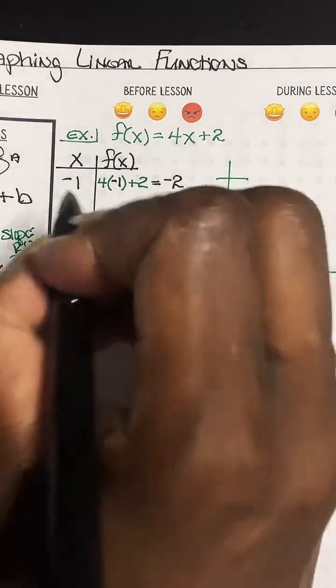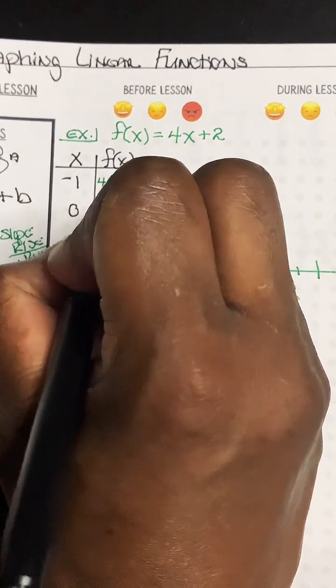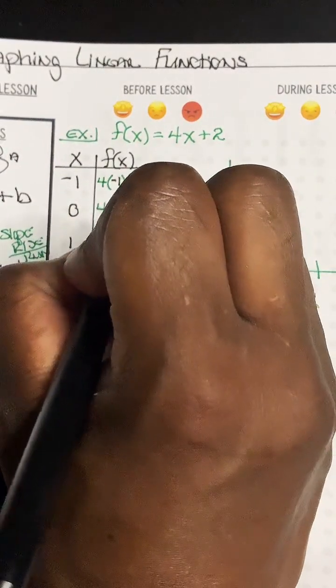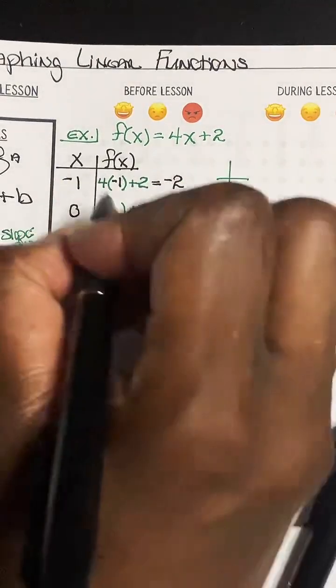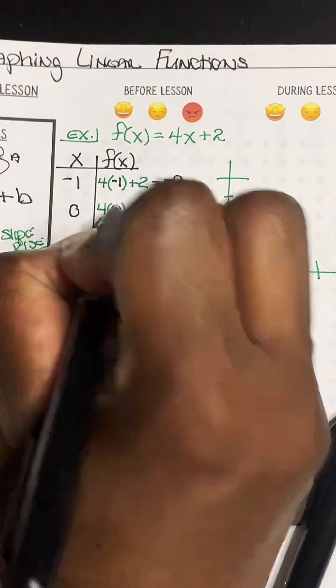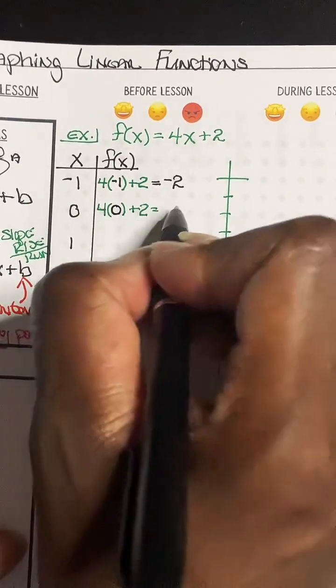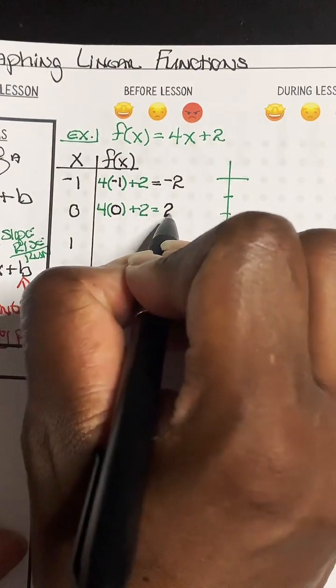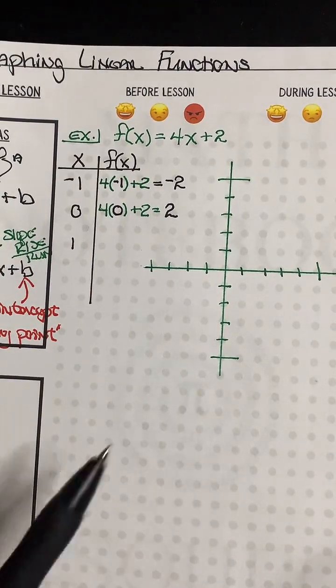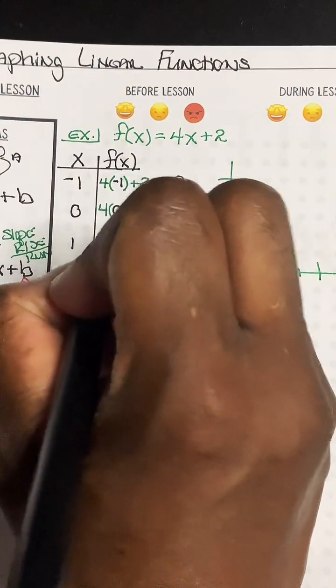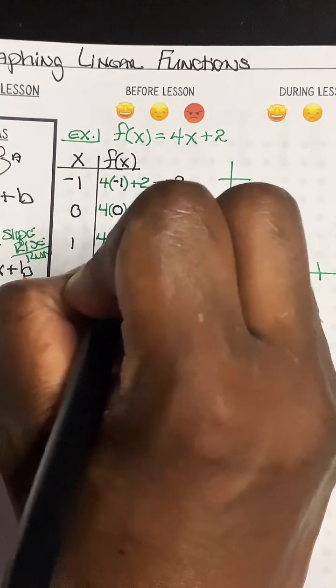If I go with 0, it's going to be 4 times 0 plus 2. Anything times 0 is going to be 0. So 0 plus 2 will give me a 2. And then last, but not least, we're going to substitute a 1.